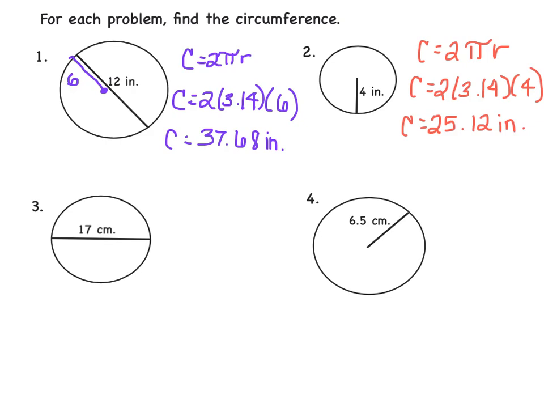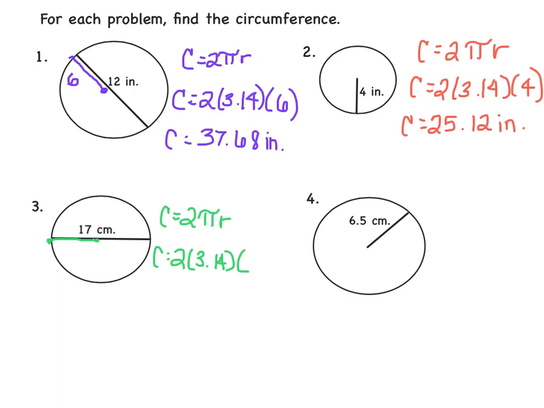Let's find the circumference for circle number 3. Circumference equals 2 pi r. Circumference equals 2 times 3.14 times r. For number 3, I'm given the diameter. Again, since the line goes all the way through the circle, I only want the radius, which is half of the diameter.